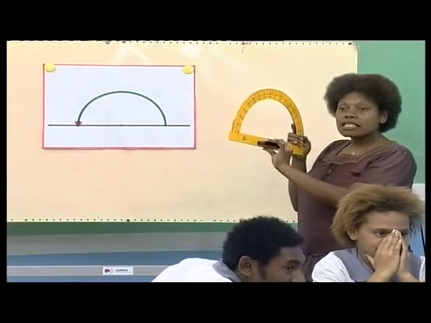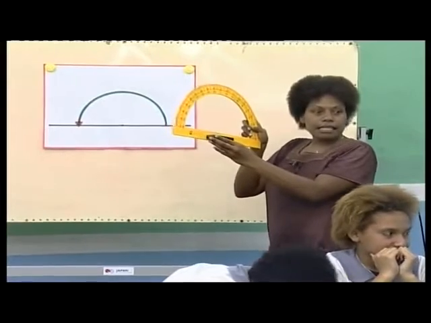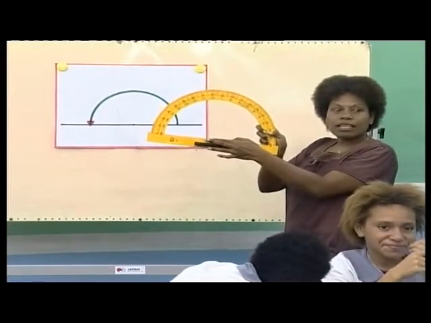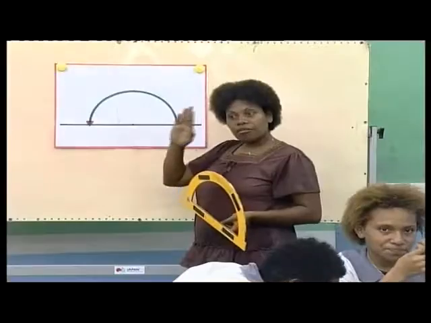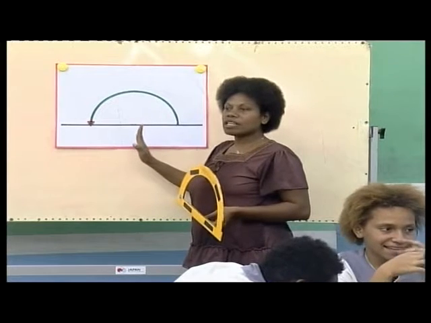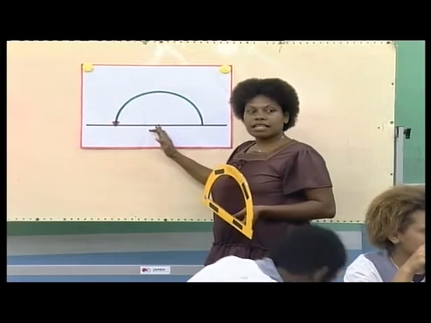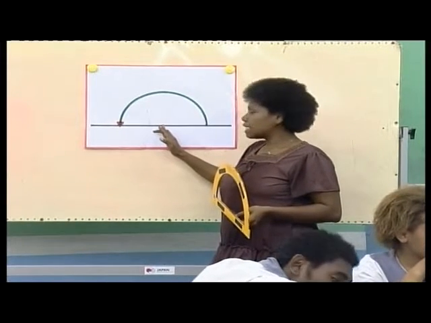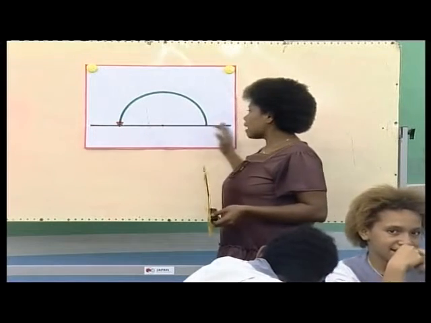What he means is, what? The center, right, class? Place the center of the protractor, all right, at the vertex of your angle. But as you can see, class, we are going to place the center right here in the middle of this angle here.